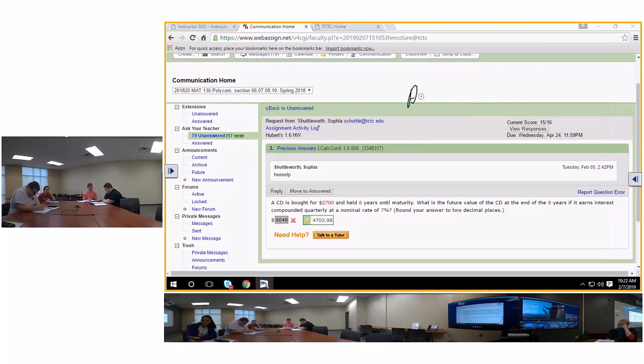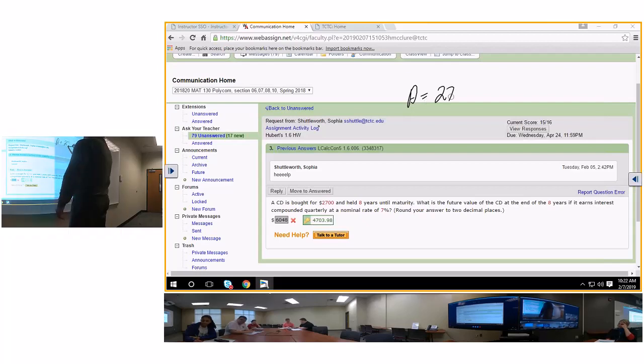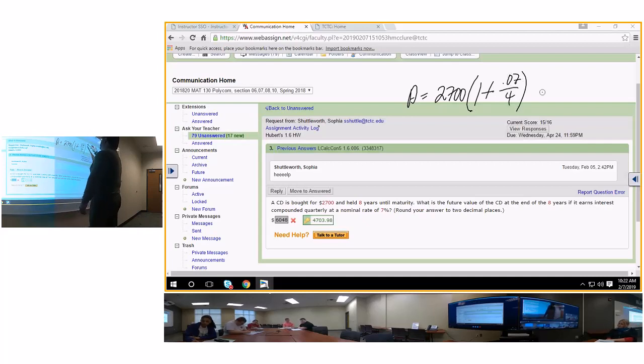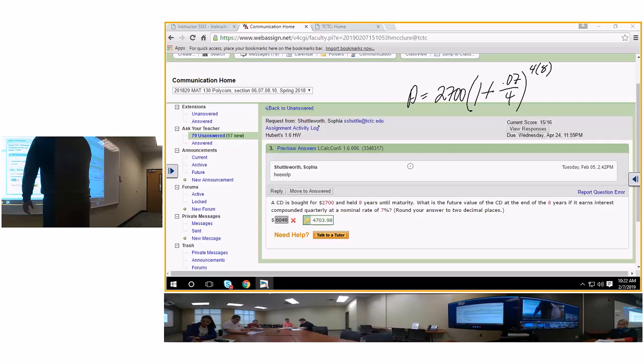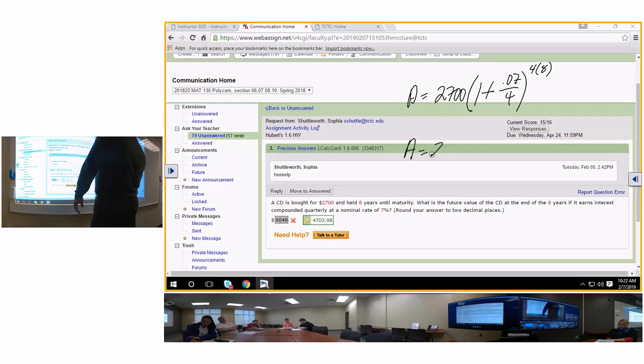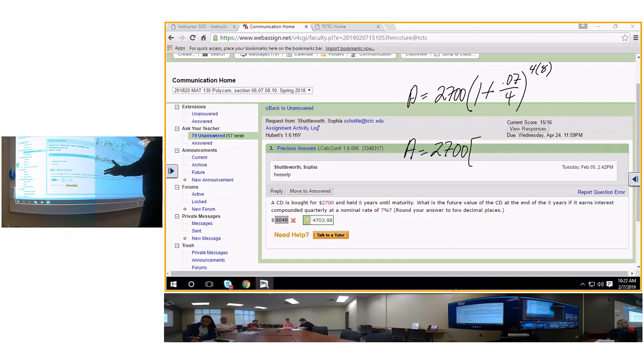A is equal to 2,700 times 1 plus R, which is 0.07, over 4 raised to the N, which is 4 times 8, which is 32. You should be able to do this in your calculator without even writing anything down.